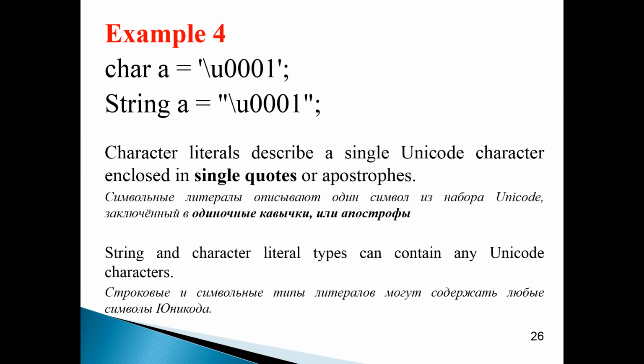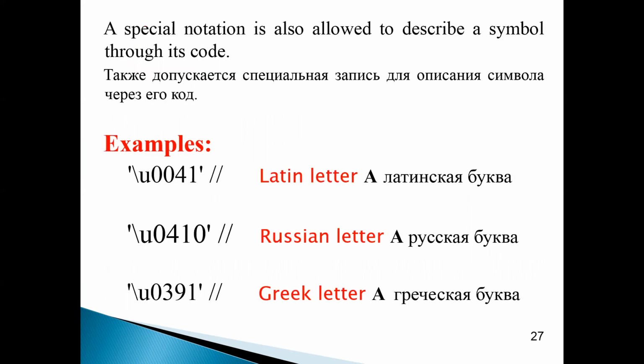String and character literal types can contain any Unicode characters. A special notation is also allowed to describe a symbol through its code. For example, Latin letter A, you can see its code, Russian letter A, and Greek letter A.